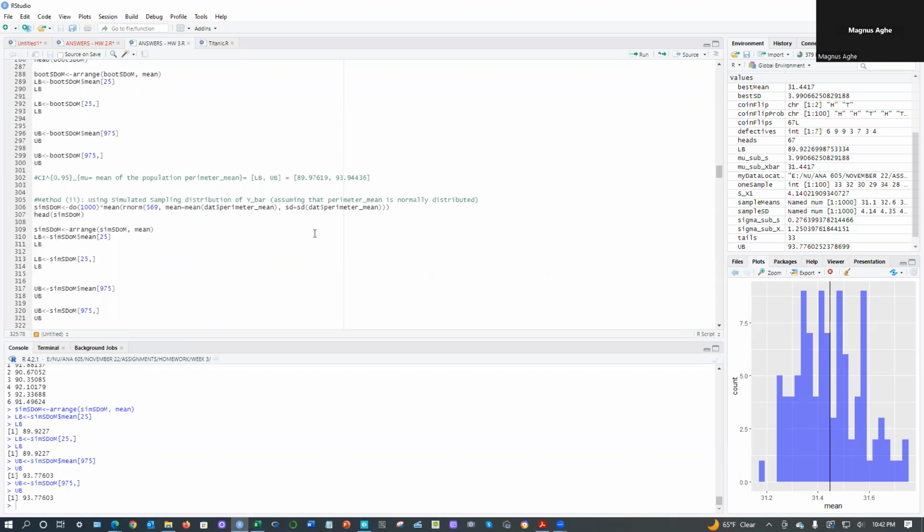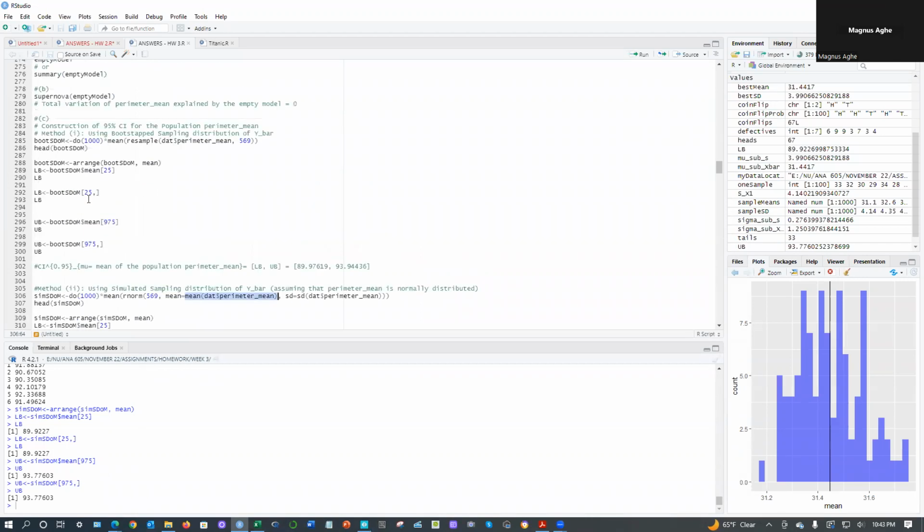Yes, you can go to, I ran this one, the mean of the perimeter mean. Part C, construction of this one.